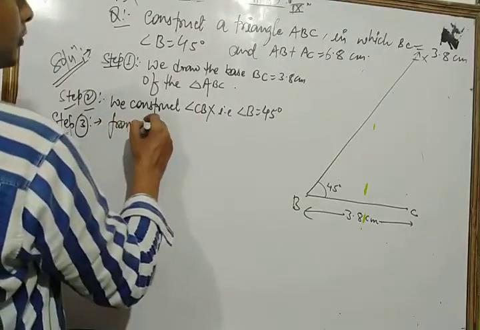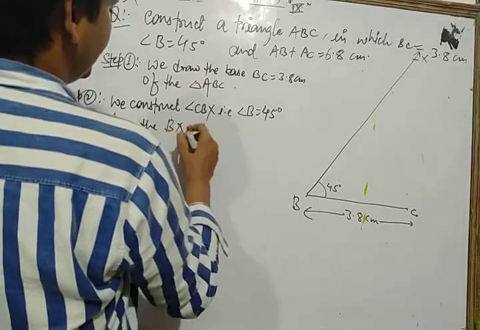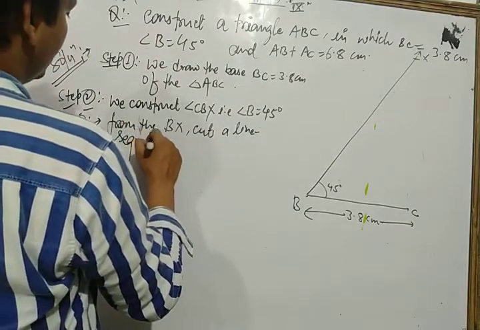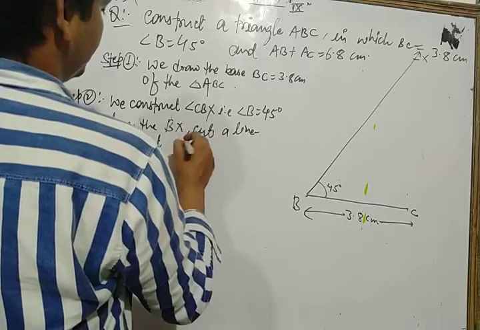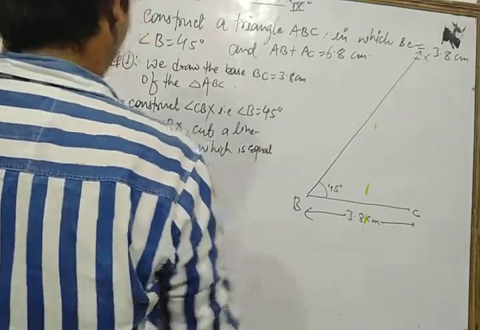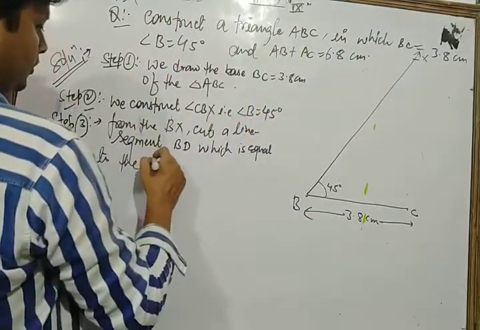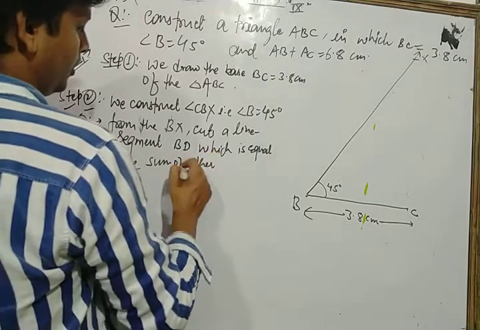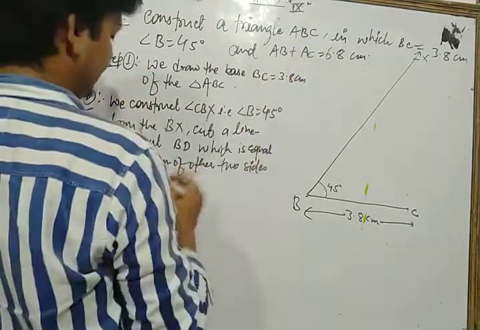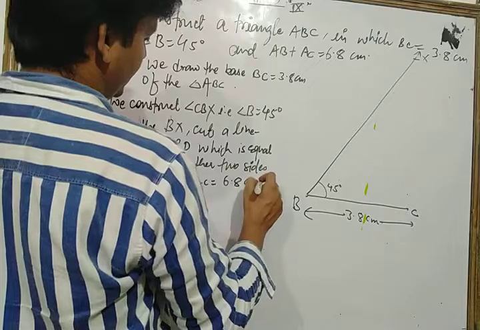From the ray BX, cut a line segment BD, which is equal to the sum of the other two sides, that is AB plus AC equal to 6.8 centimeter.